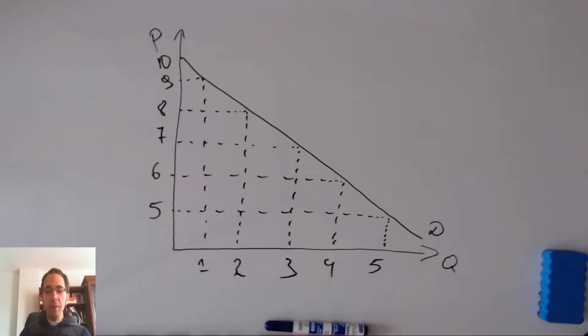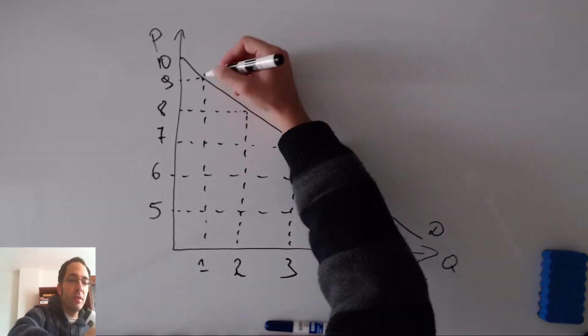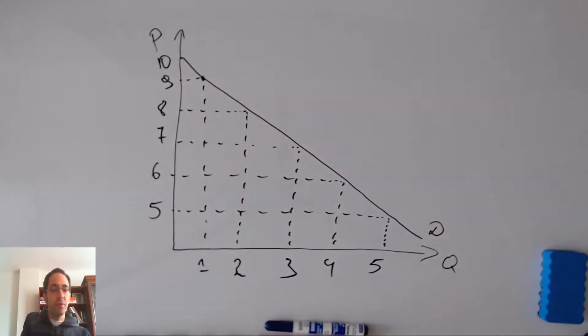Okay, now imagine that there's 5 people in this market in total, and the first one is willing to pay $9 for this unit, right? This is the point that shows the first one. So we have 5 people who make this demand curve, and the first one is ranking this, let's call it widget, at a value of $9.